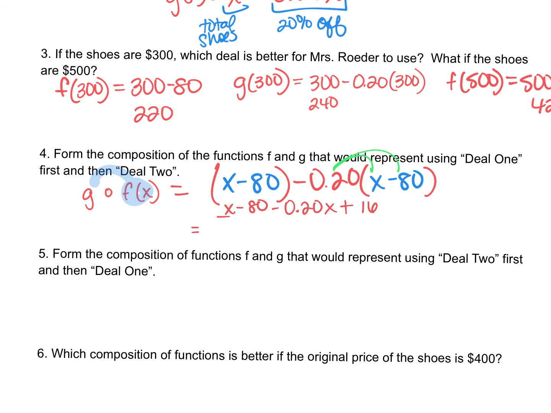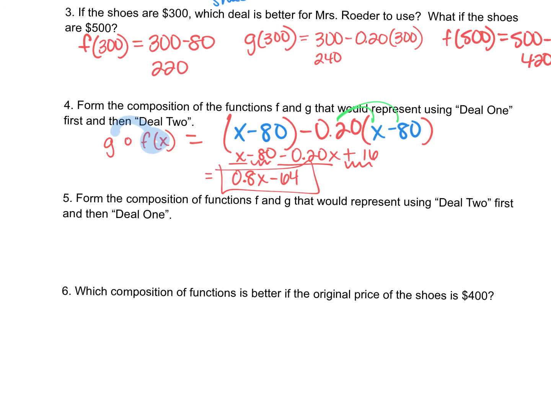You can combine X and minus 0.20X. That gives you 0.8X. Then combine your constants. Negative 80 plus 16 would give you negative 64. And that is your composition of functions.